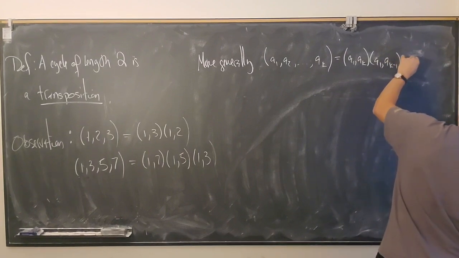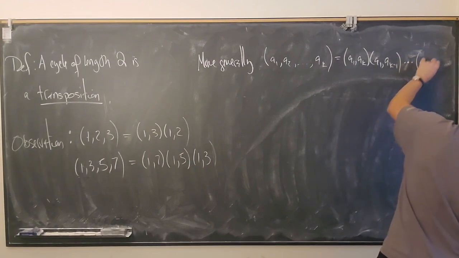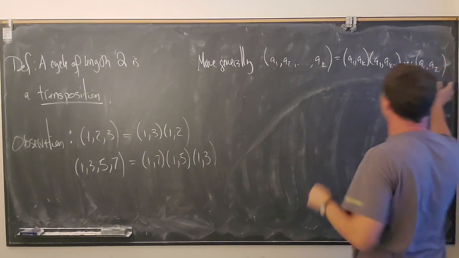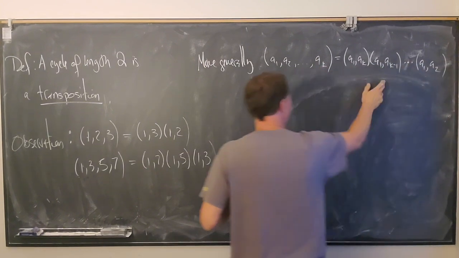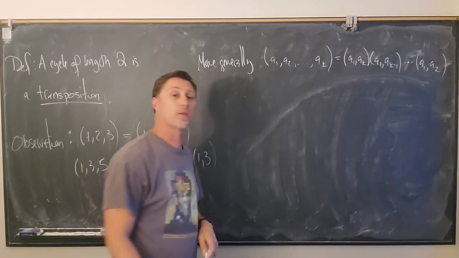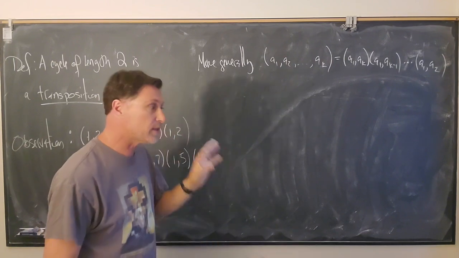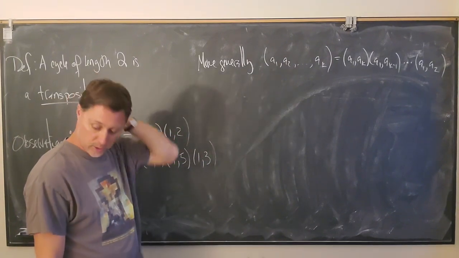Eventually you'll get to A1 comma A2. Guaranteed, the one on the right is equal to the one on the left. So this gives us a way to express every cycle as a product of transpositions.